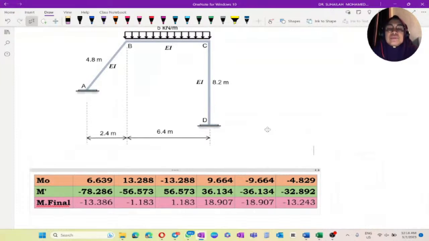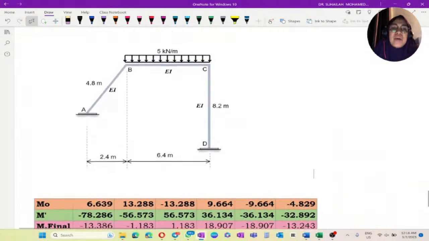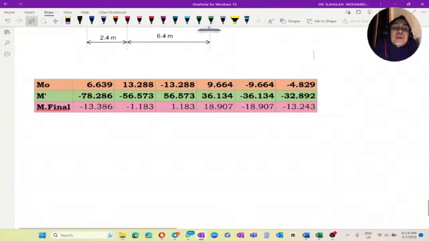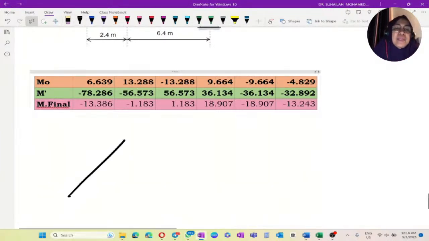The process is actually very simple. I will draw the diagram element by element, starting with member AB. For member AB, the moment is negative and negative.